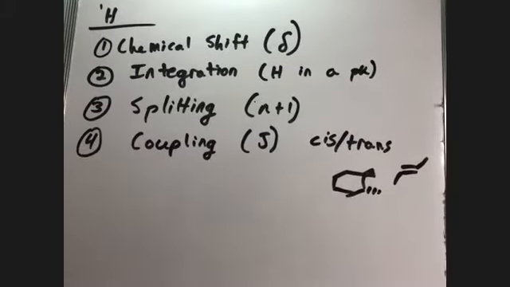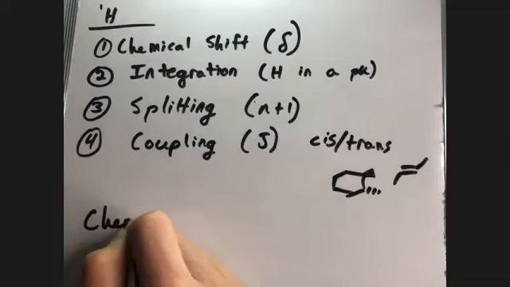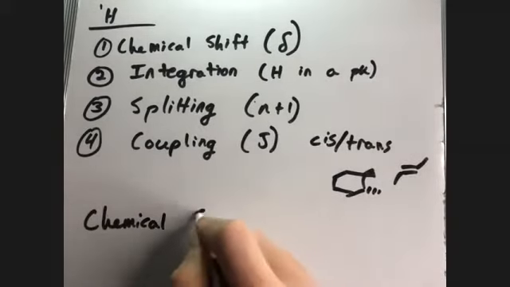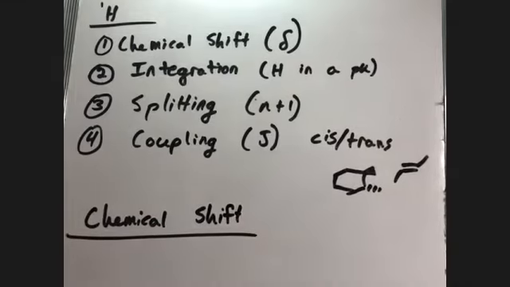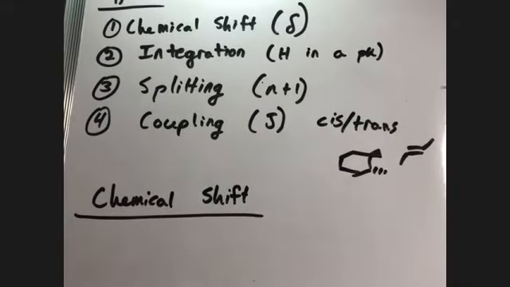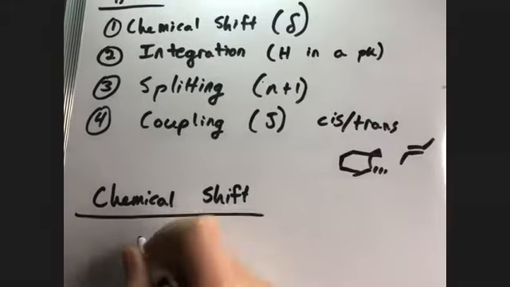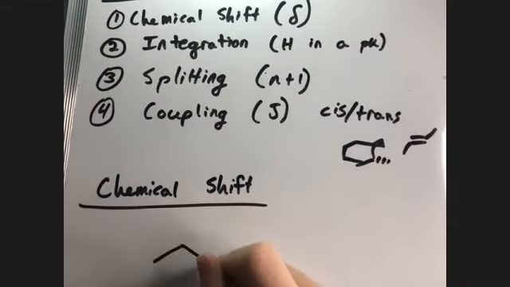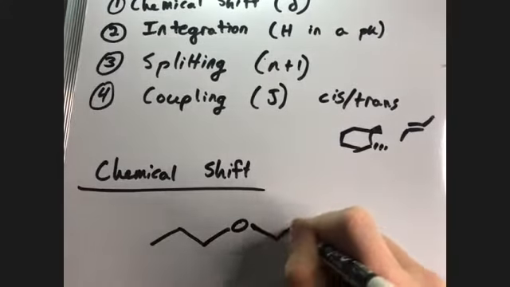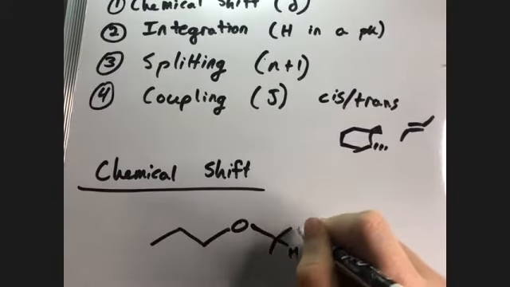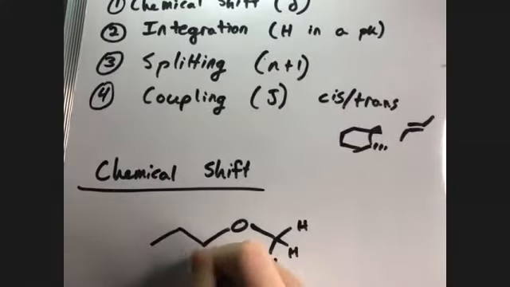The chemical shift will vary depending on what's bound to the particular hydrogen. So since we're talking about proton NMR, we are describing the peak that corresponds to the hydrogens.